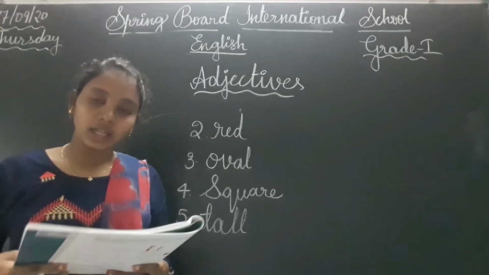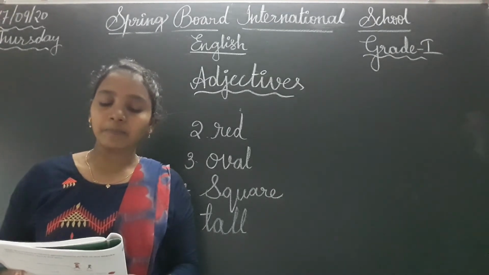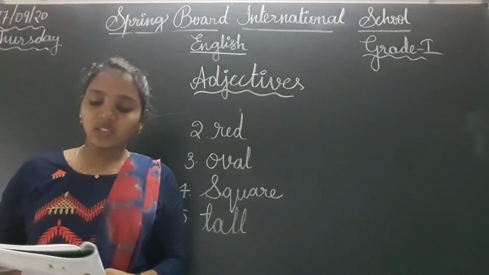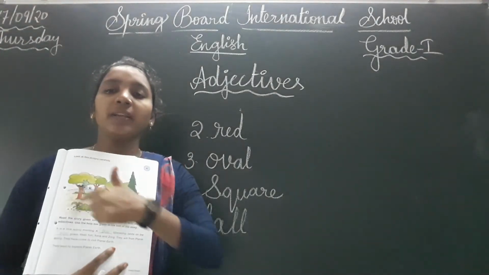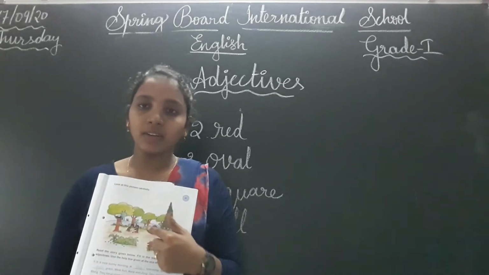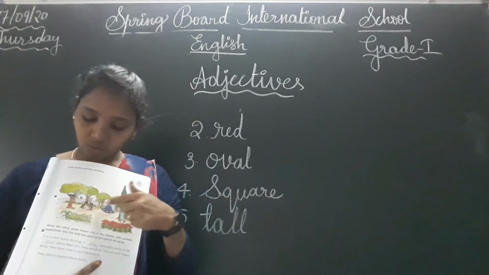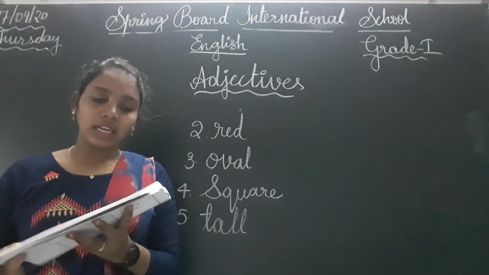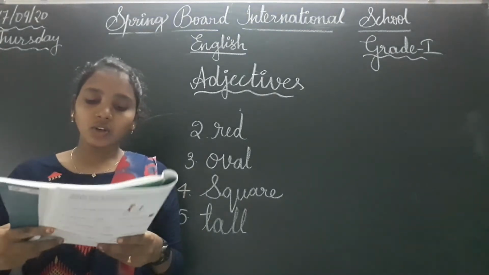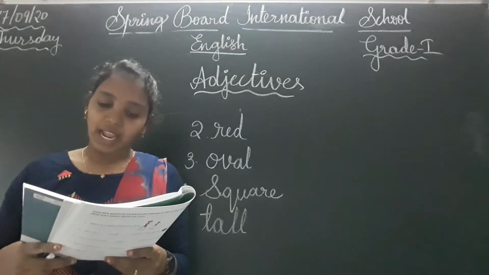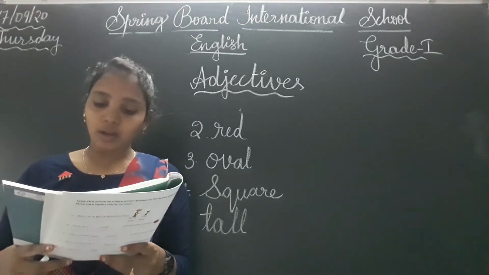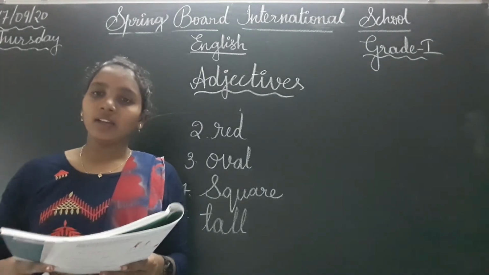Now next one. Page number 15, children. Look at this picture carefully. See this picture, everyone. Observe this one clearly, children. Now see, read the story given below. Fill in the blanks with suitable adjectives. Use the help box given at the end of the story.